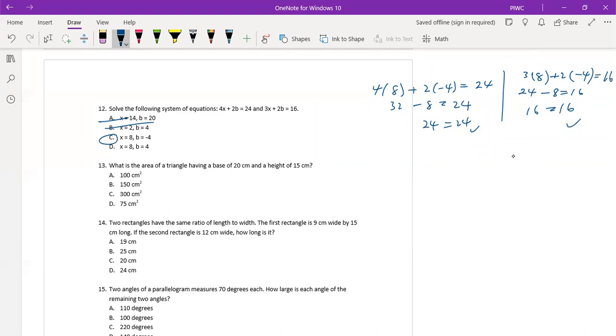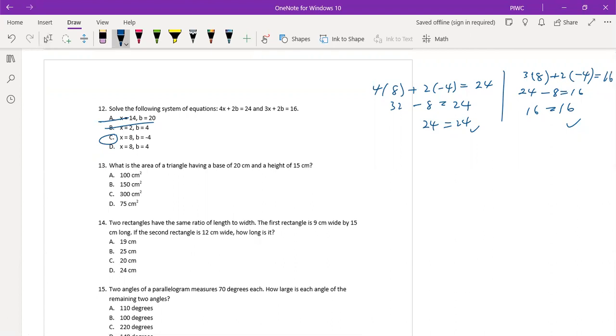So you can use the back solving approach. The other method to do this will be the proper way, which is a system of equations approach.